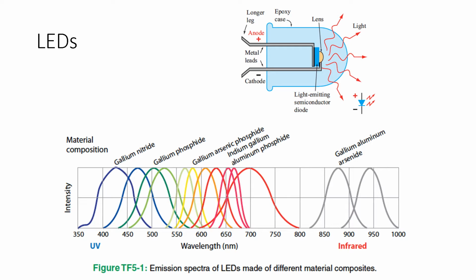And that all comes down to some really cool semiconductor physics. However, what I want you to know is that the individual materials in that LED, in that semiconductor diode, are what is producing these photons or these different colors. And we can go all the way down to UV, and we can go all the way up to infrared. And the spectrum in between there are the different colors we get.